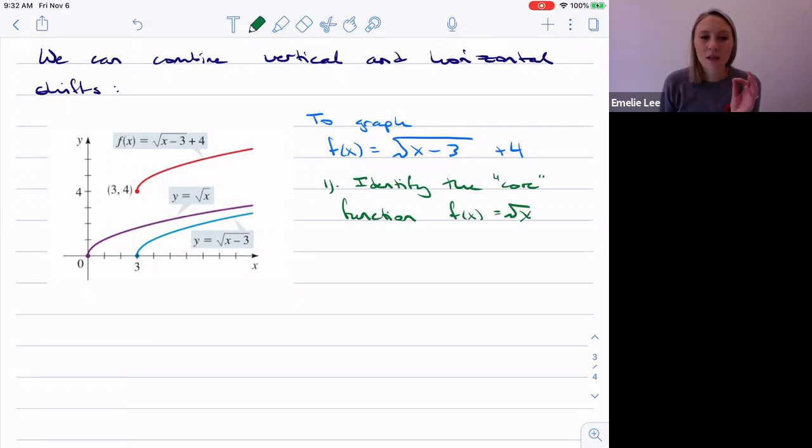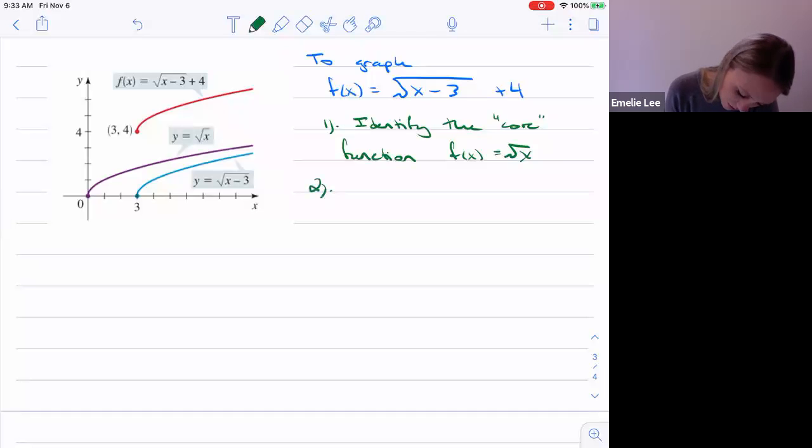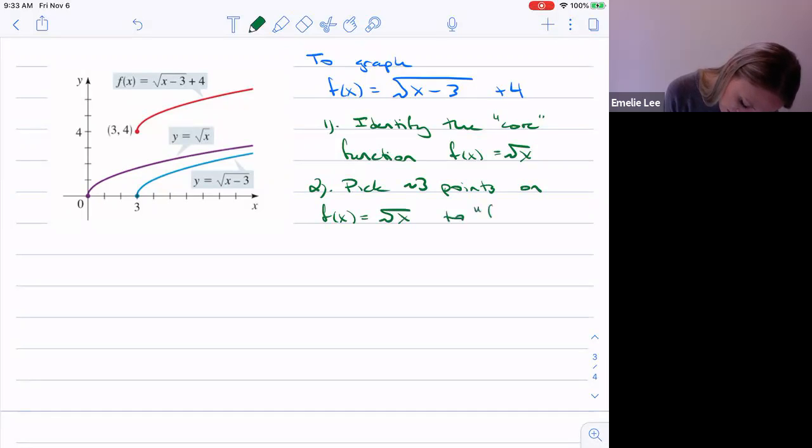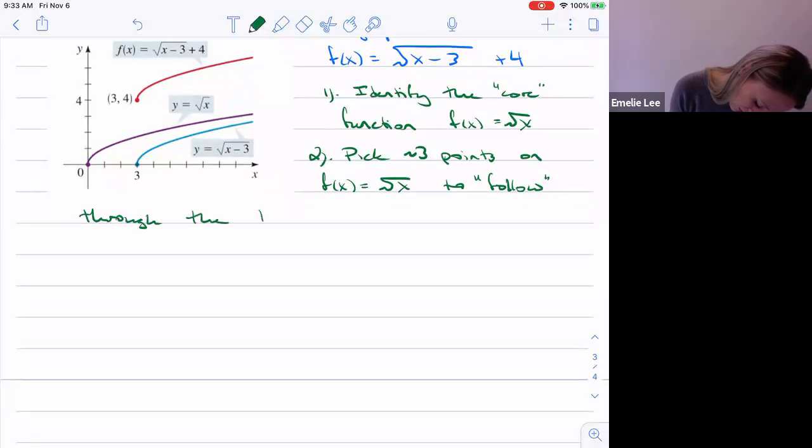Okay. You can pick some points, some values of x on root x. Let's make that step number 2. Pick 3 points on f of x equals root x to follow through the transformations.